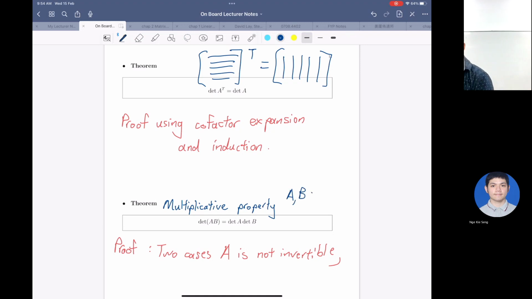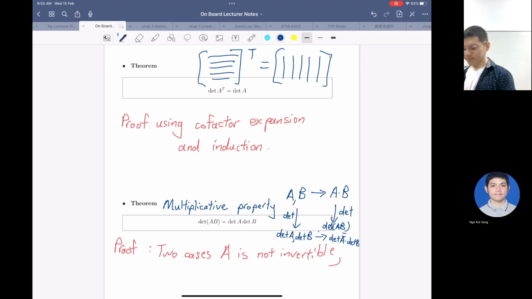If you have A and B, you can multiply them together and then apply the determinant, and you get the determinant of AB. Or you can apply the determinant to both of them first, and then multiply them. So the ideal case is we want them to be the same. In this case, they are.